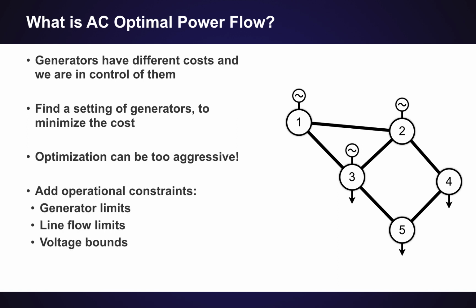So what we do when we formulate the AC optimal power flow is that we are adding in the AC power flow constraints, we are adding in generators, we are telling the problem how much demand we have and how much power the generators need to be producing. But we also add operational constraints such as generator limits, limits on the amount of power that can be transmitted over a power line, and we also include voltage bounds on the different nodes.